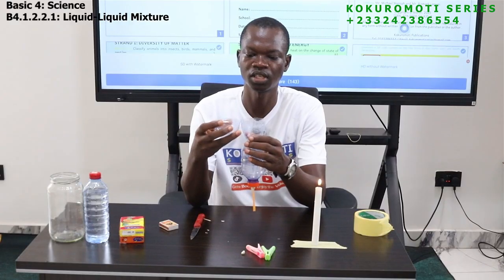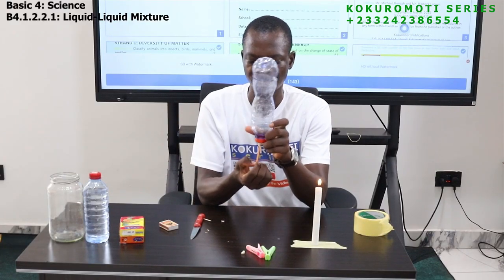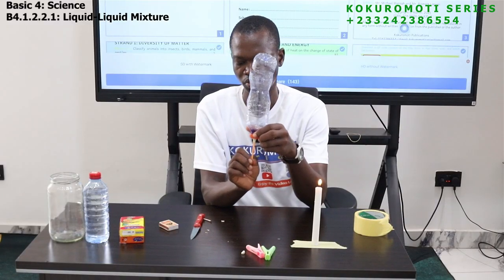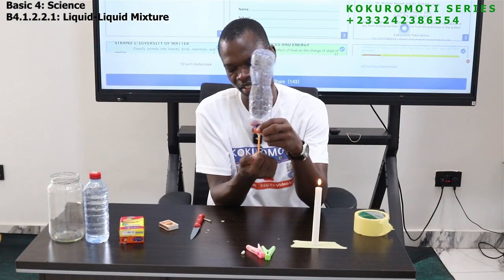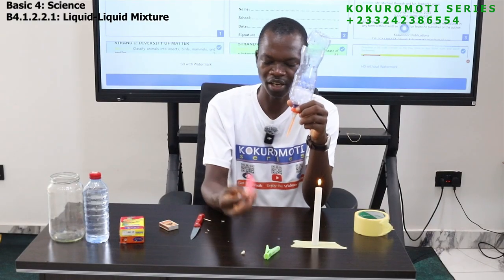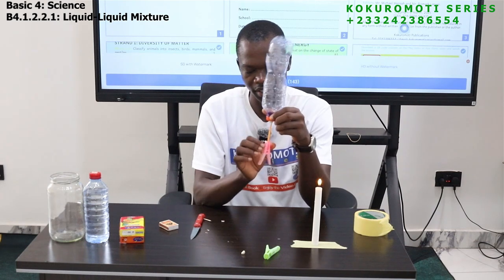Okay, so now we have it like this. This side needs to be controlled. Here we need to get something that will close it and at the same time help us open it. That is why we have the pairs here. So the pairs will be fixed here.